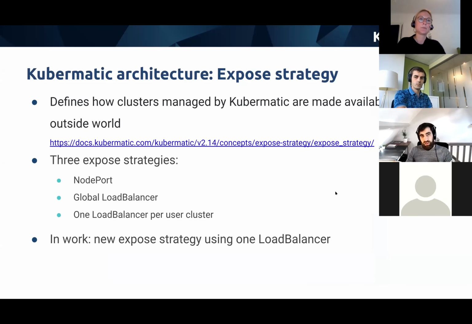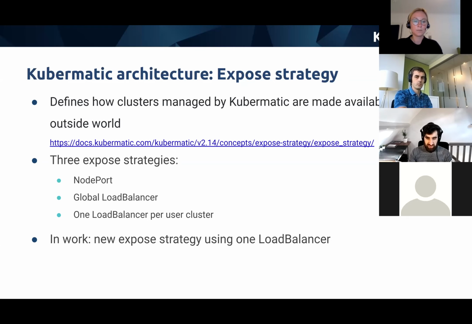So we have what we call an expose strategy. Basically, this one is important because since we are decoupling the Kubernetes clusters, there are communications that go on between the user clusters, and typically the pods and the kubelet need to speak with the API server. So you need to make the API server available to the outside in a secure manner.